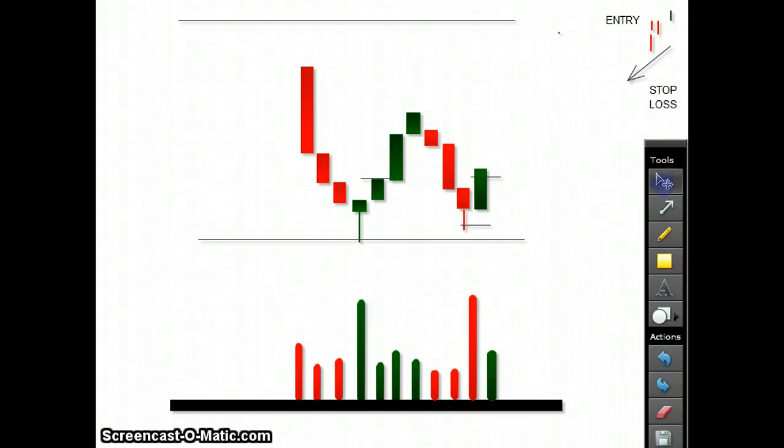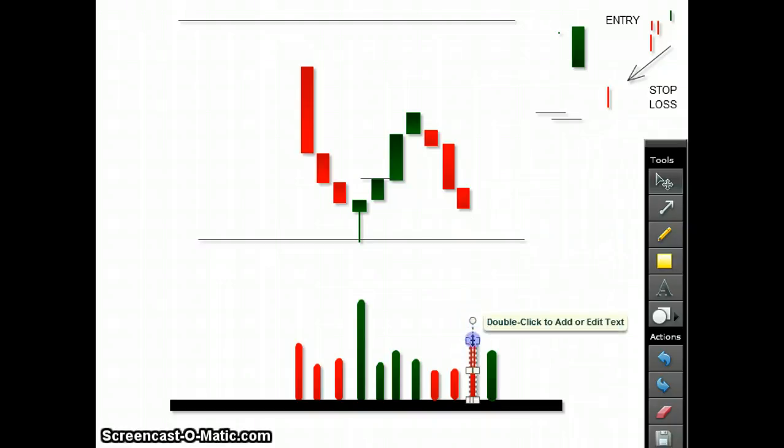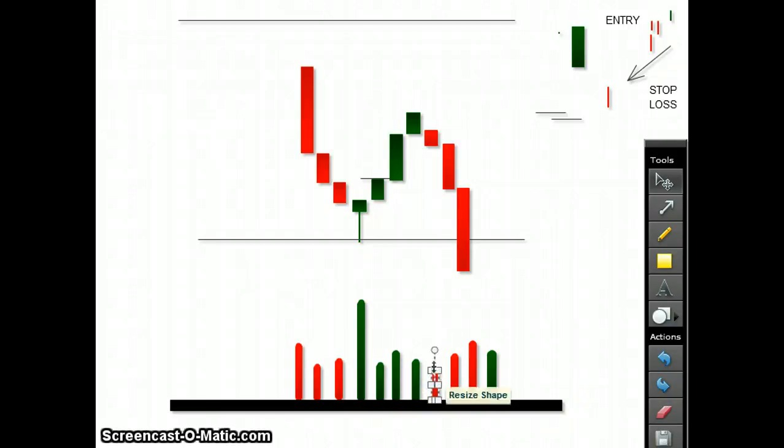Now just to throw something at you a little bit differently, let's get this stuff out of the way. What I don't like to see, if this market does this, on increasing volume, first of all, hopefully you were smart enough to have your stop loss in place somewhere down here and you got out of the market.